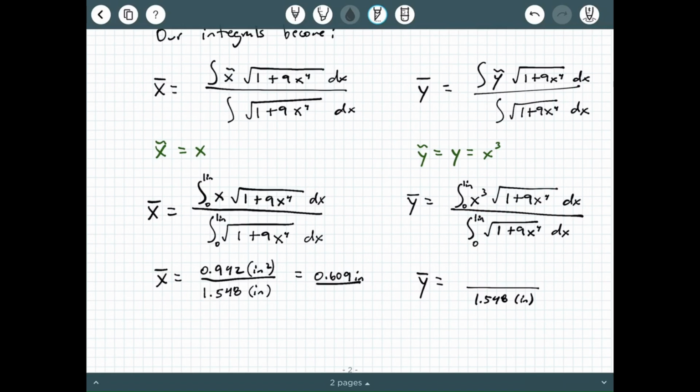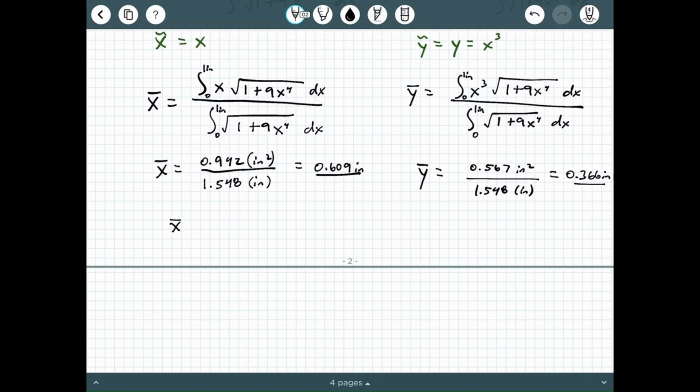So my calculator gives me a value of, for the numerator, 0.567 inches squared. And when I divide these numbers out, I get 0.366 inches.